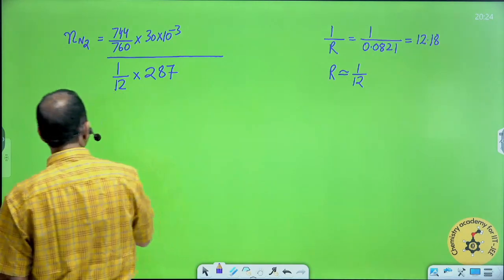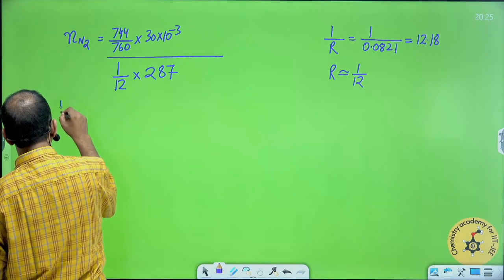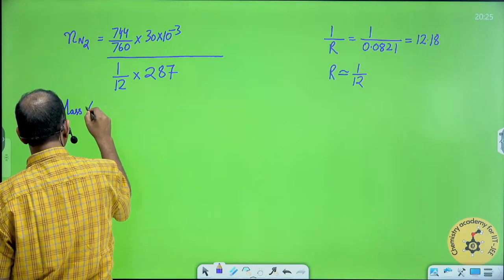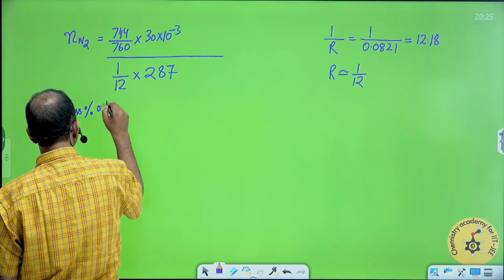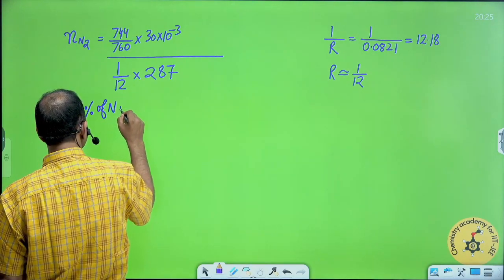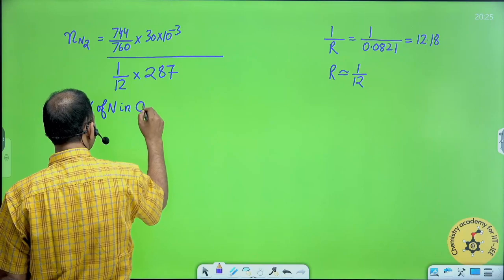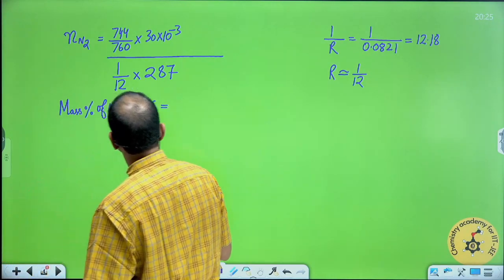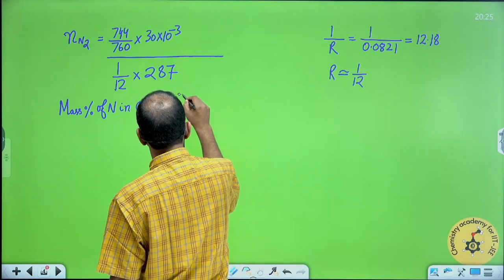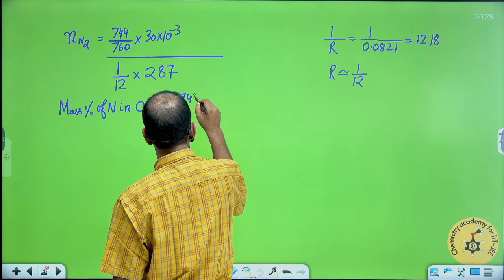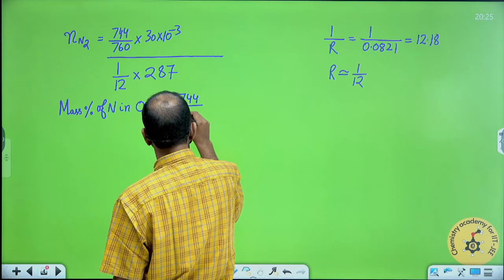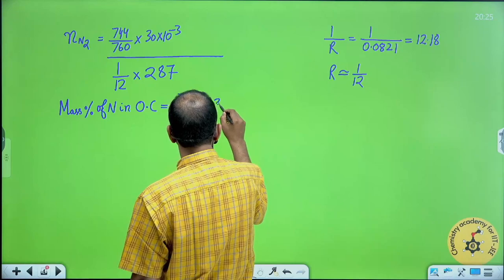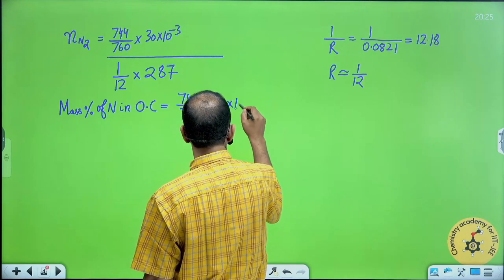Now from here, if I calculate the mass percent of nitrogen in organic compound, mass percent of nitrogen in organic compound is equal to the mass of nitrogen. So mass of nitrogen is number of moles of nitrogen, that is 744 divided by 760 into 30 into 10 to the power minus 3.